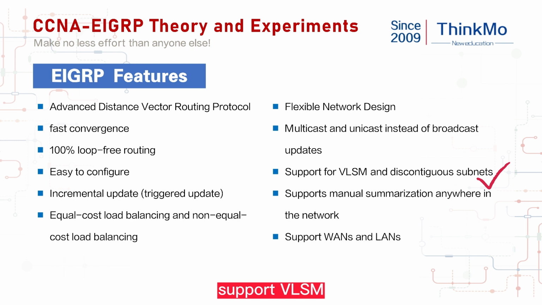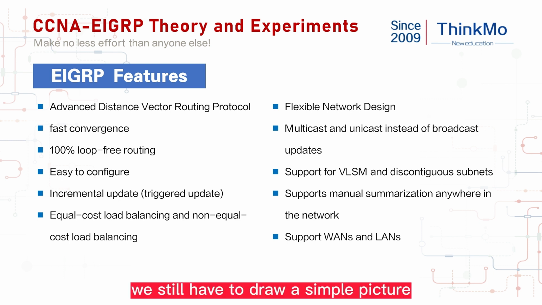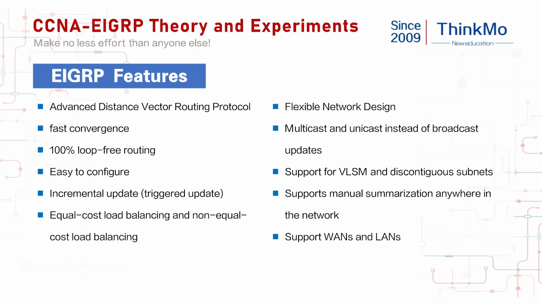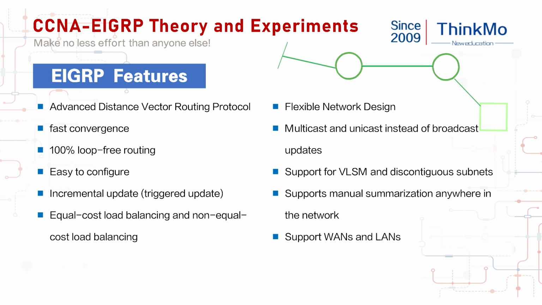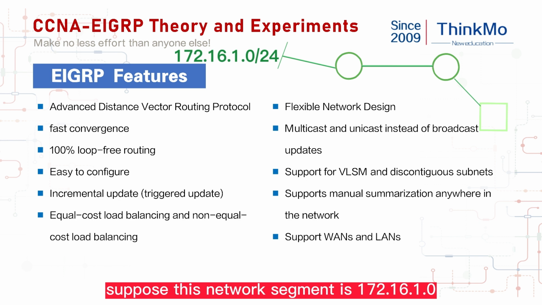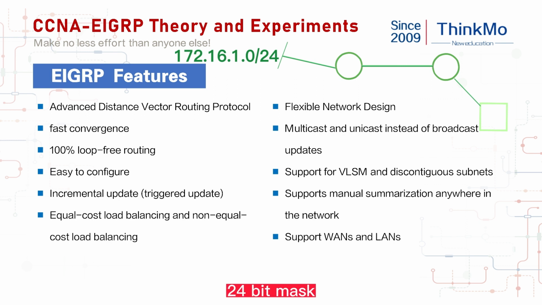Look down. Support VLSM. We still have to draw a simple picture. Don't look at it just a few words. There are a lot of things involved. A PC, 2 routers. This router has a network segment here. Suppose this network segment is 172.16.1.0, 24-bit mask. Okay.